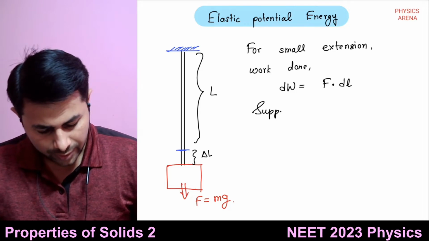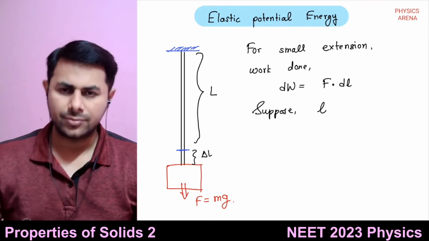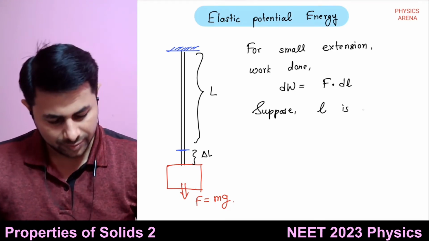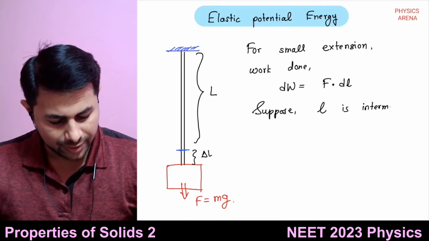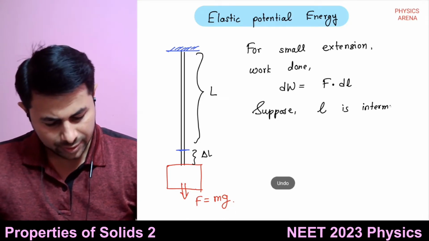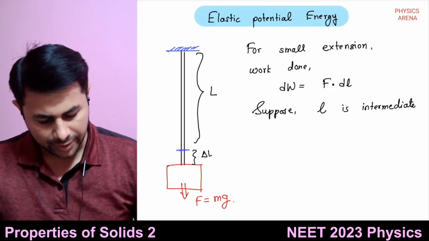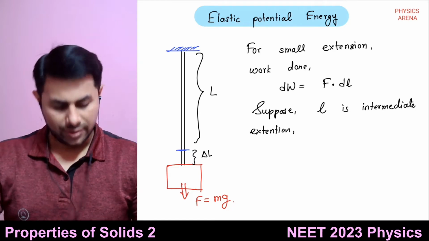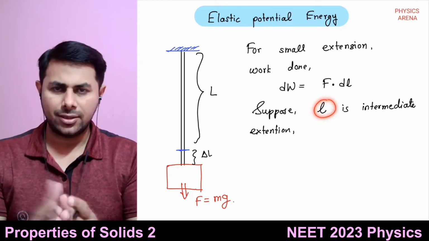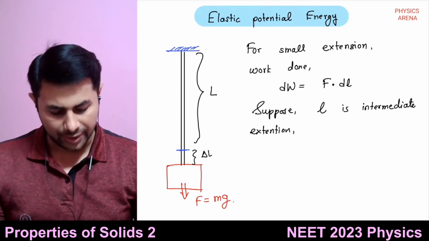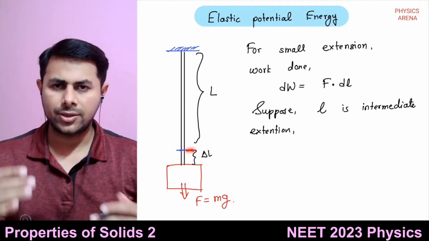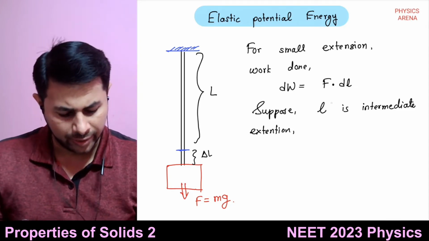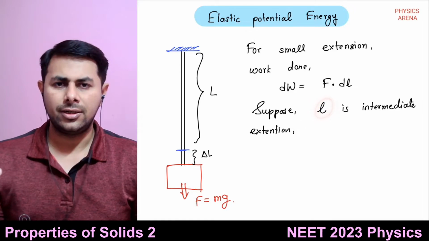Suppose that small l is some intermediate extension in the wire. You are extending the length of the wire from 0 to delta l, and in between there is some point where the extension is smaller.